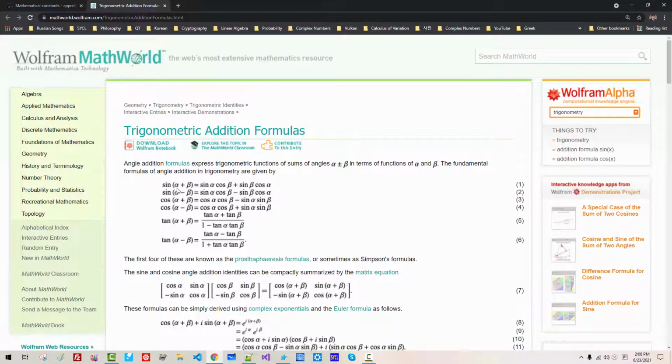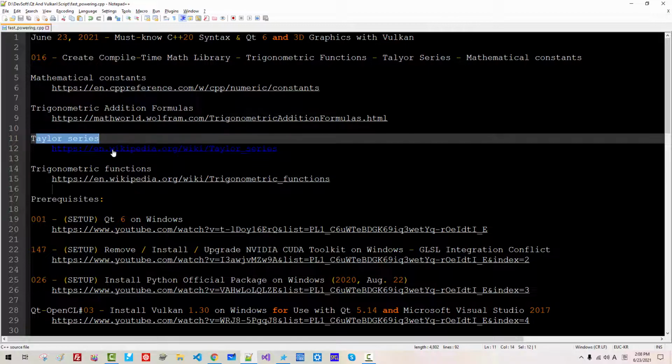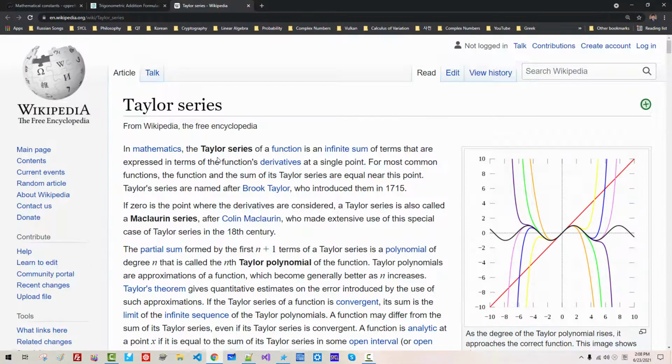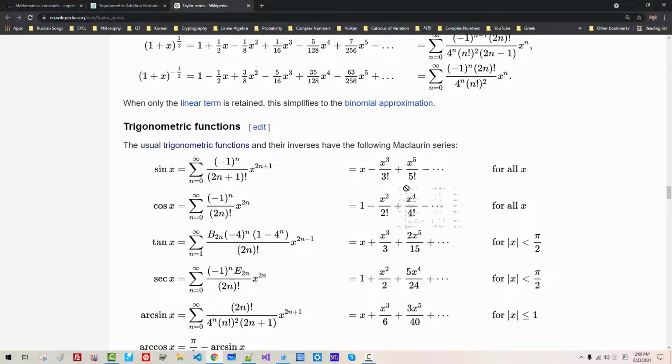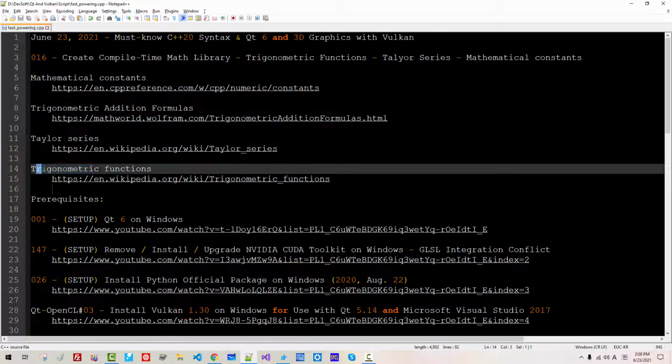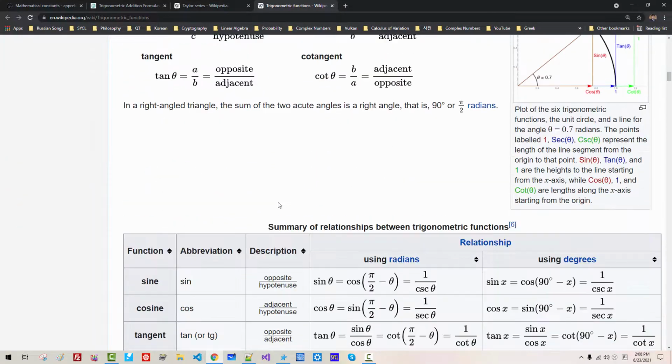We will be using sine angle addition and cosine angle addition. We will be using Taylor series in this link. If you scroll down, you can find these Taylor series. We will also need trigonometric functions defined here.